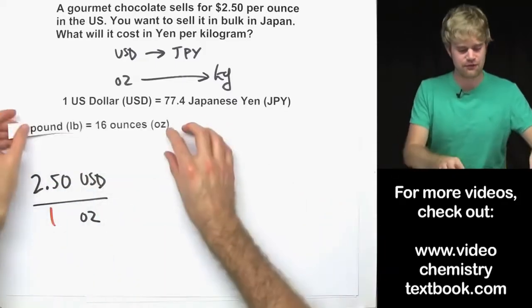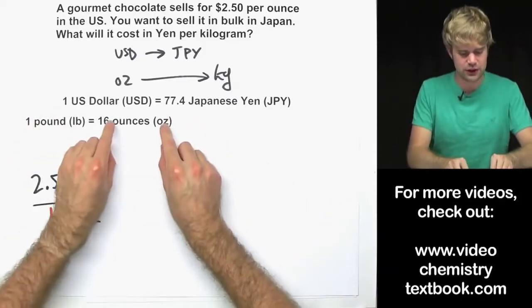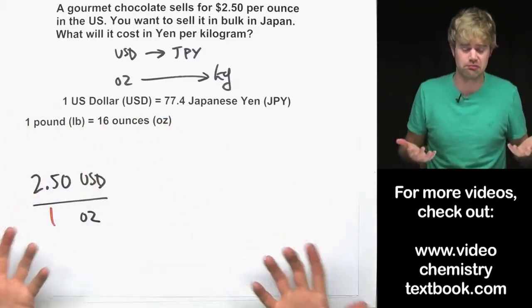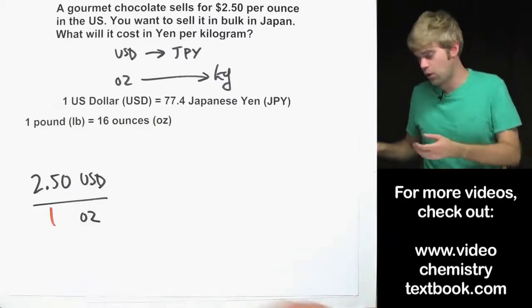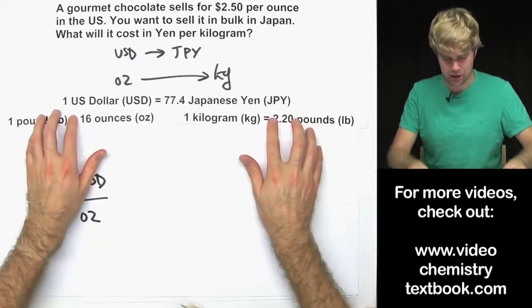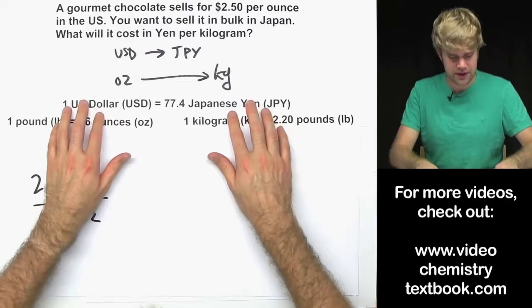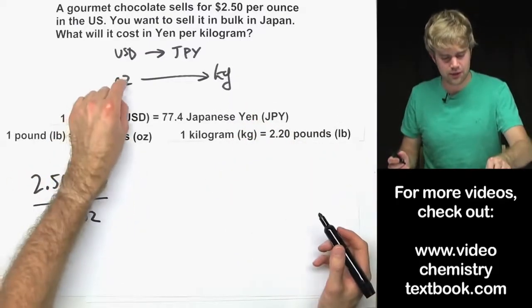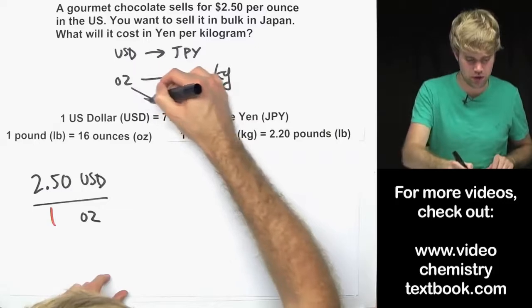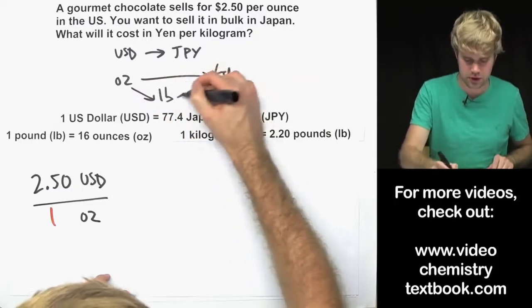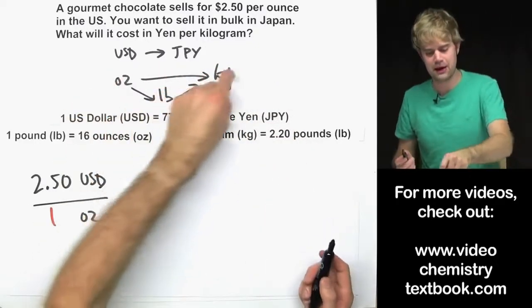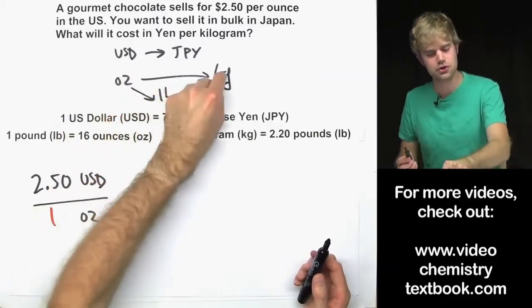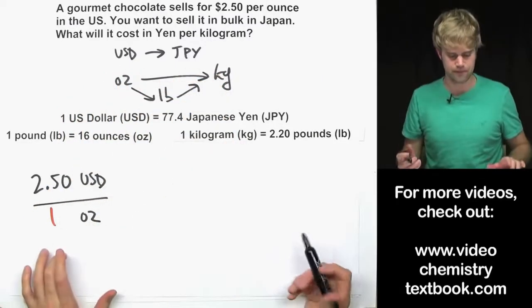Instead, all you can find is one that tells you ounces to pounds, okay? And then the other one is pounds to kilograms. Now, this isn't the worst thing in the world, but in order to get from ounces to kilograms, we're going to have to go through pounds and then go from pounds to kilograms. So this is going to become 2 steps instead of just 1.